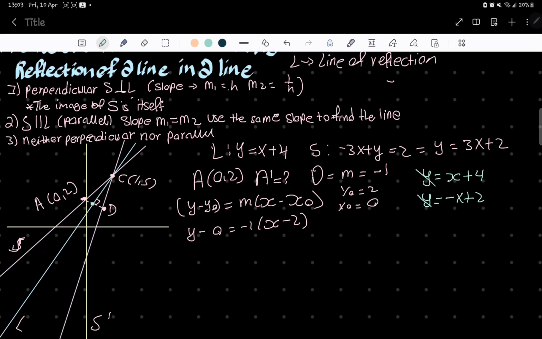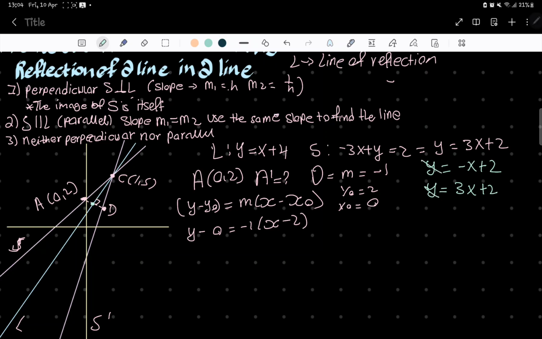In order to find this point, we need to put in the system of linear equations y equals x plus 4 and our new equation, y equals minus x plus 2, and then our original line. We need to do that in order to find the point of intersection.